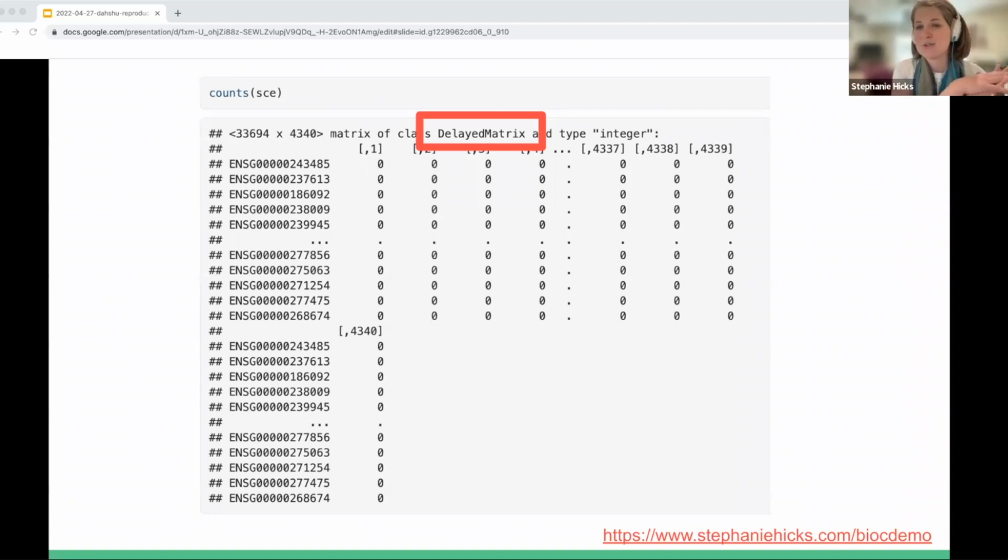All the data are stored entirely on disk, and it's a trick: it works like a matrix, but it's not really a matrix that's read into memory. That's the trick behind this. So that's why you can simply replace everything that I'm showing you with 1 million cells and it'll work.